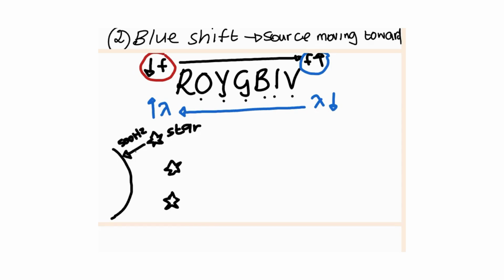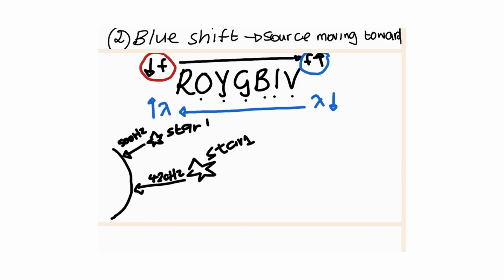Next week we have star 1 again. We want to measure the frequency of that very same star. When we measure the frequency of that very same star 1, the frequency is now 420 hertz.